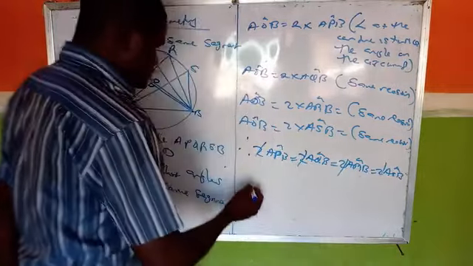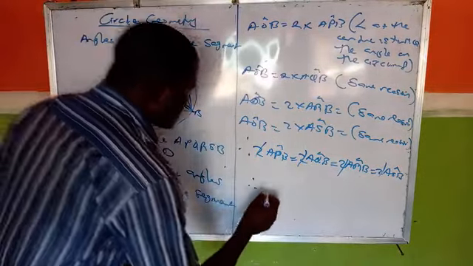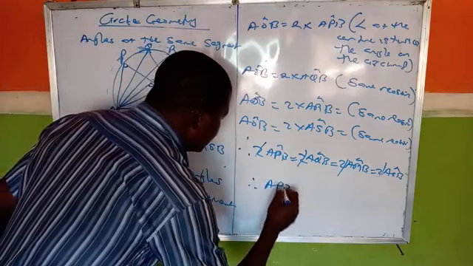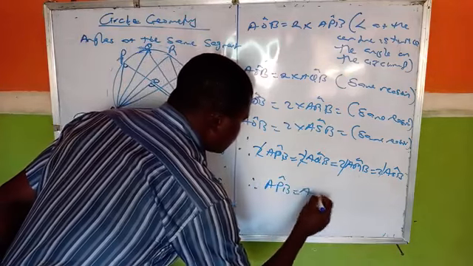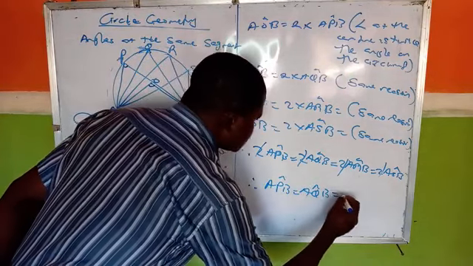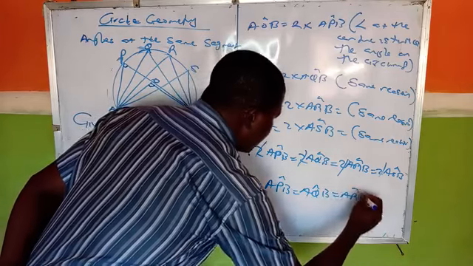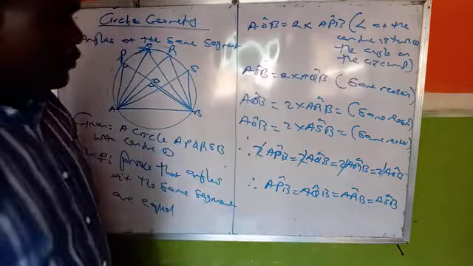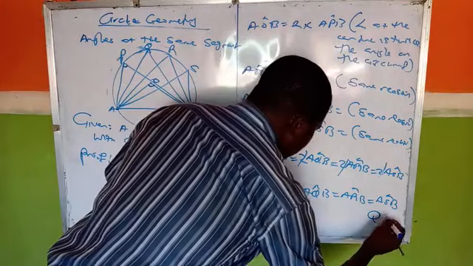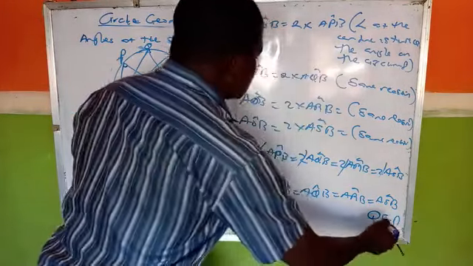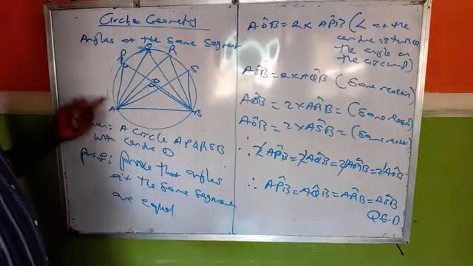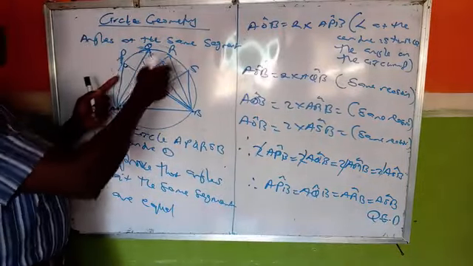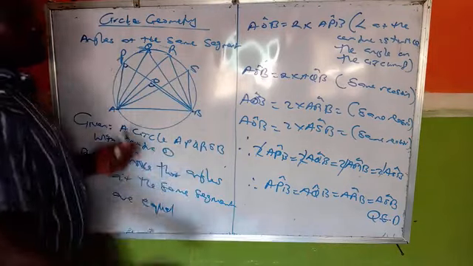These 2 cancel out. Therefore, angle APB is equal to angle AQB is equal to angle ARB is equal to angle ASB. So you prove it. That's it. QED. So it has been proved that the angles in the same segment are equal.